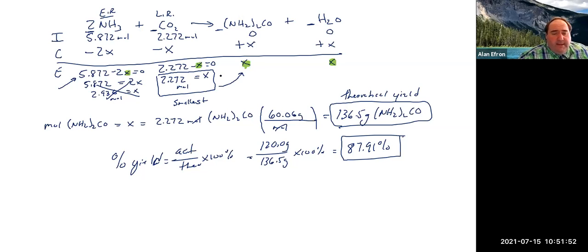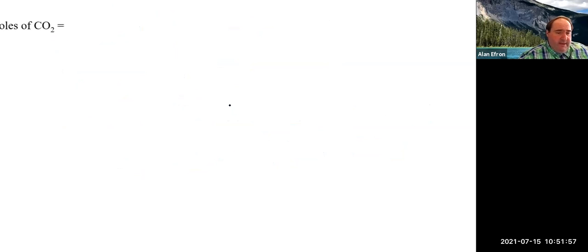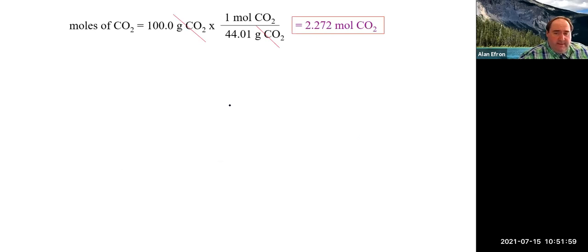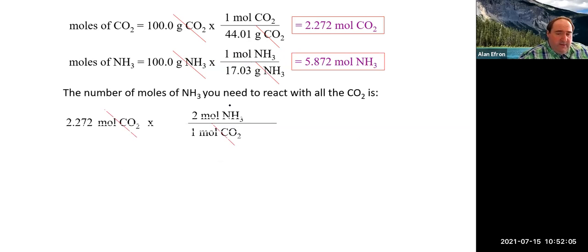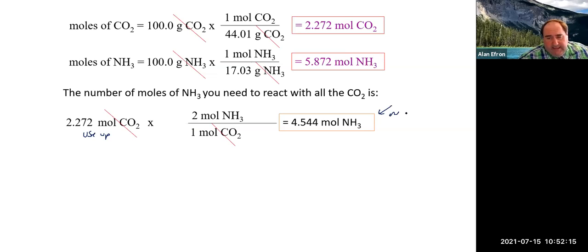And let me, again, I think I have worked out the reactant method, if you will. So here, working out this problem using the other method, what we're doing is saying if we want to use up all of our CO2, this is how many moles are needed of NH3 to do that.